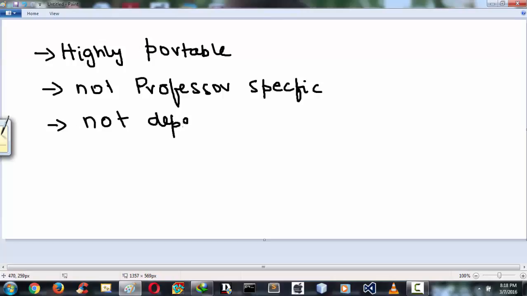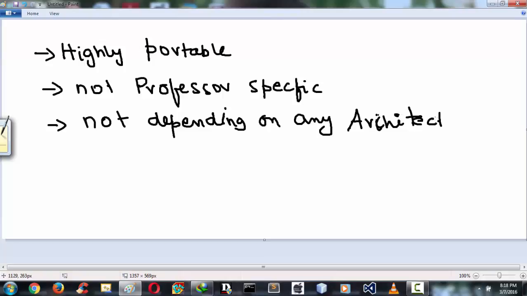So they needed to develop a new technology from the ground up, or taking inspiration from other technologies, not depending on any architecture. Oh, my handwriting is getting ruined because of this new device, just four to five days of using it.